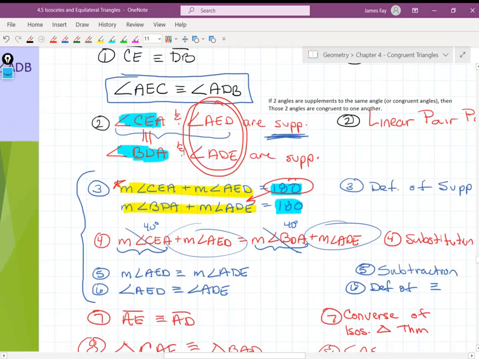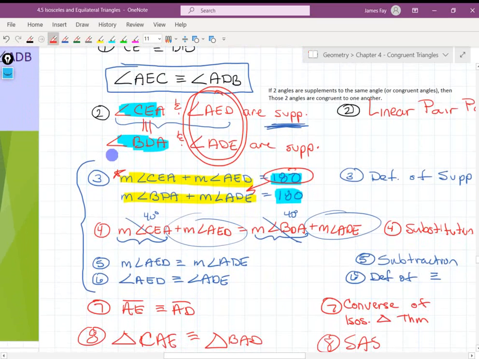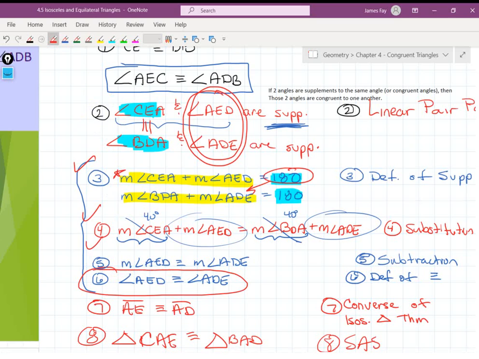So we could have circumvented step 3, step 4, and step 5, and written step 6 right after step 2, and used that theorem that says if 2 angles are supplementary to congruent angles, then they're congruent to one another. And that would have shortened this proof by 3 steps.